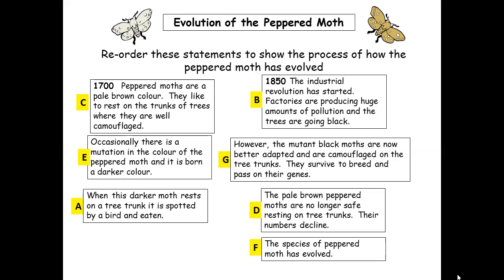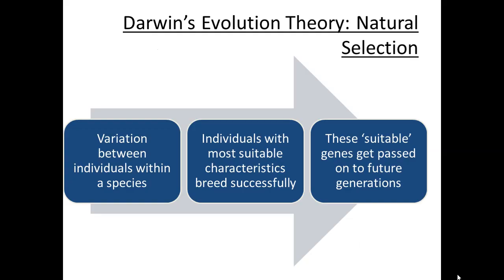So it means it changed throughout the ages to adapt to the change in the environment. Now let's try to understand this better by taking a step backwards to what we said about natural selection theory. We said we can observe variation between individuals within a species.